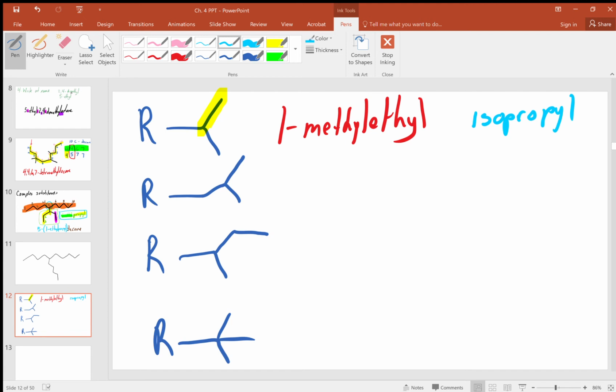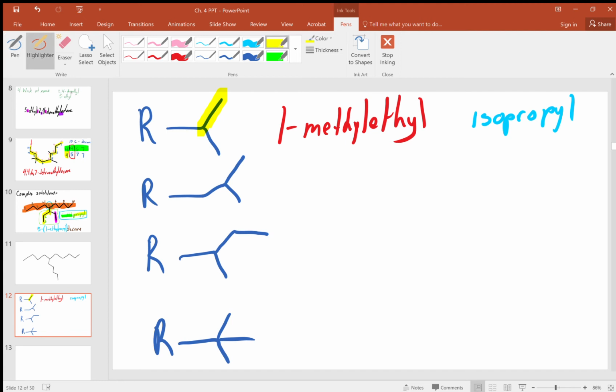For the next substituent, and for the ones after this, we can see that these are all 4-carbon substituents, so they are going to be, in some way, related to butyl groups.